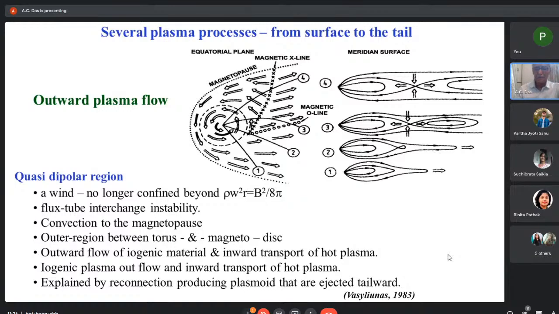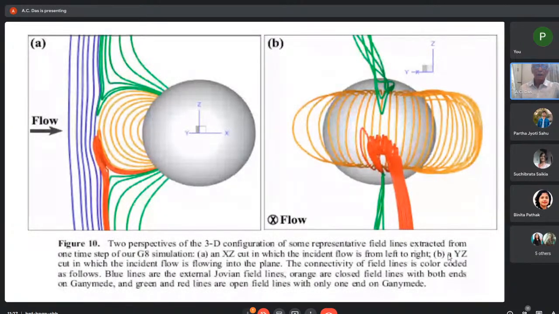And the magnetic field is a dipole tilted with respect to the rotational axis, and it is almost 176 degrees directed against the Jovian magnetic moment. So there is a process like this.